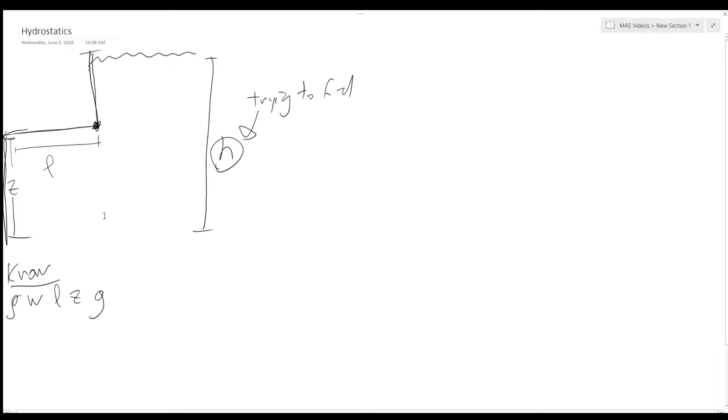Okay, so the first thing we're going to do is set up a statics problem. If we look at this portion here, we know that the pressure in a liquid is defined by rho g h, correct?